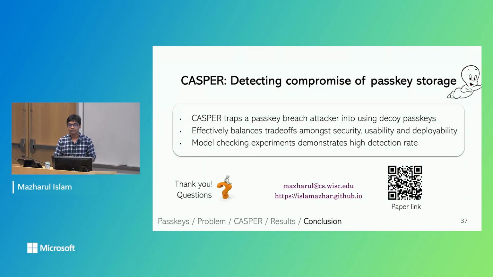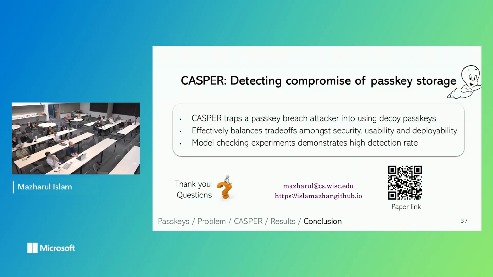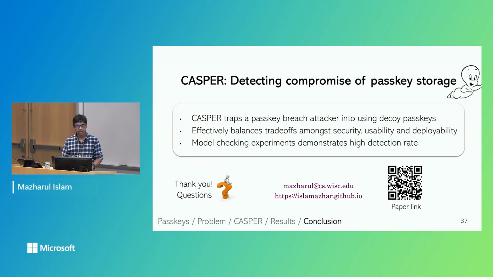Is there a general relationship between the number of decoys used and the bits of entropy, in which it's ideal to operate? Yeah. So in our paper, there are 3 parameters actually, and I haven't talked about the other parameters. We fix one and experiment with the other 2 to see how the detection rate changes.